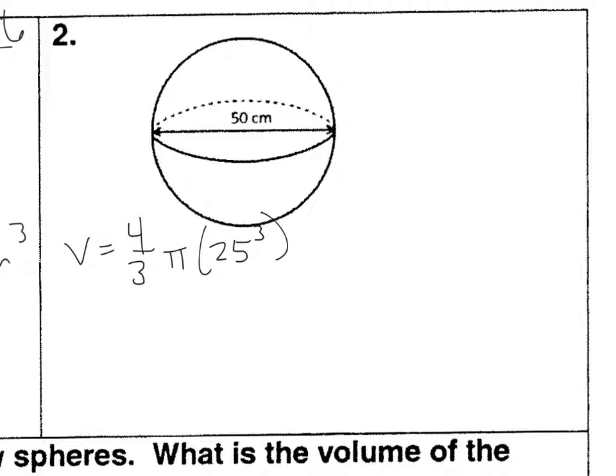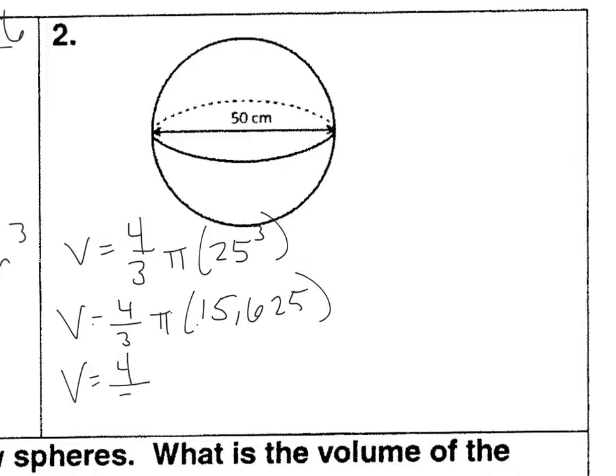Cube the radius first. 25 times 25 times 25. And what do you get? Well, you're going to get 15,625. Now I'm going to take my radius cubed times pi. So I get that volume equals 4 over 3 times, and this is going to give me 49,062.5. And that's over 1.